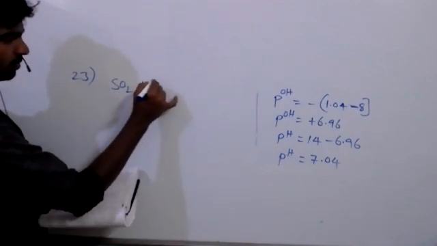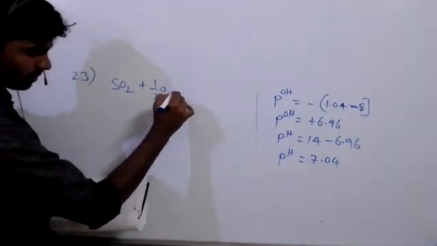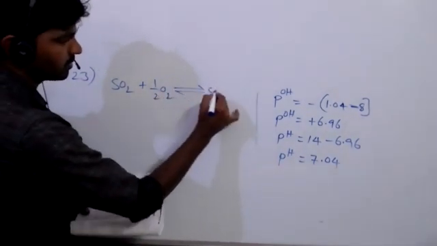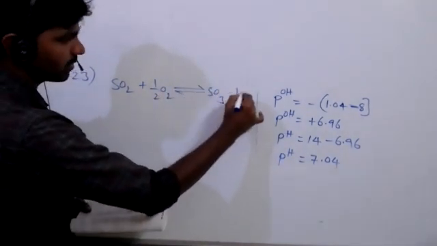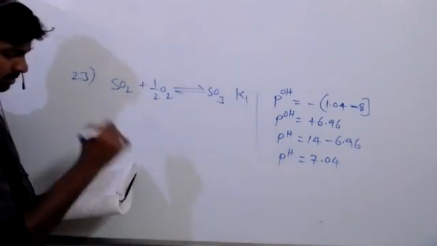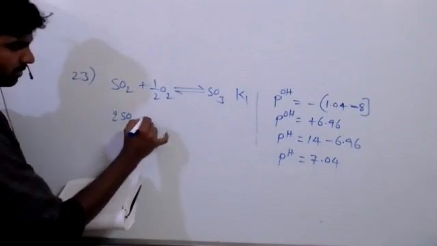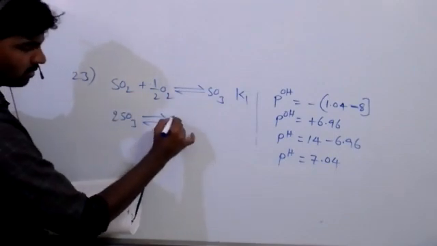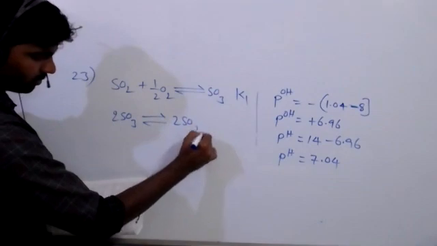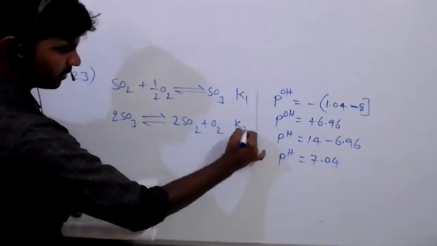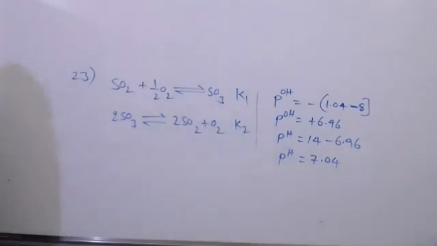SO2 plus half O2 giving SO3, equilibrium constant is K1. Next, 2SO3 giving 2SO2 plus O2, equilibrium constant is K2. So how are these both related?